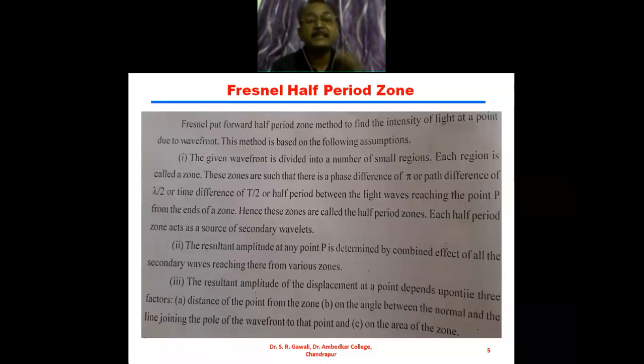First is the distance of the point from the zone. Second is the angle between the normal and the line joining the pole of the wavefront to that point, and the third is the area of the zone.